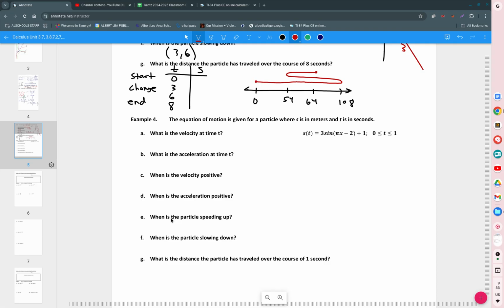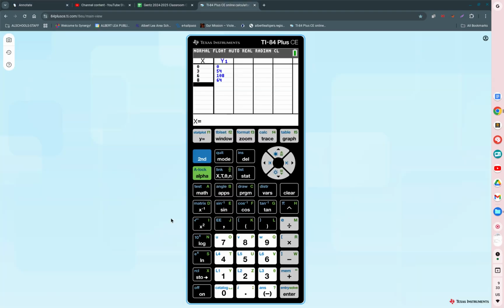So it goes all the way to 108, then it goes back to 64. So 0 to 108, then 64. There you go.